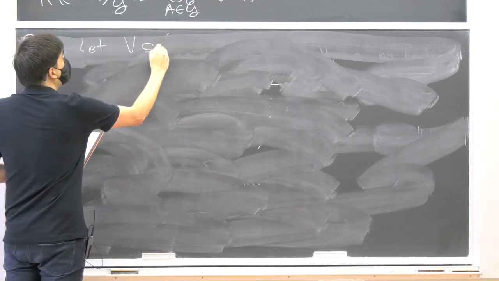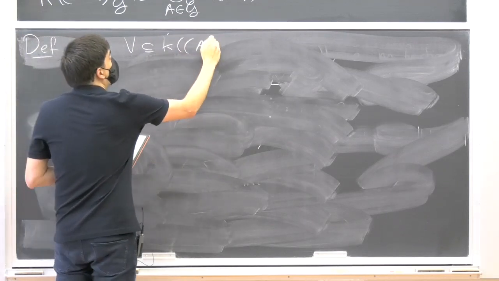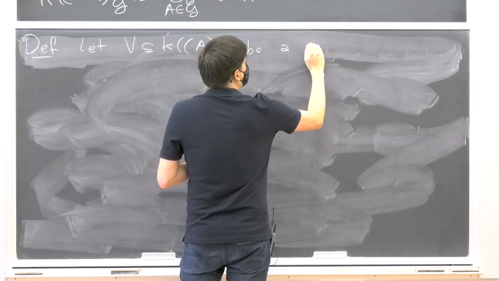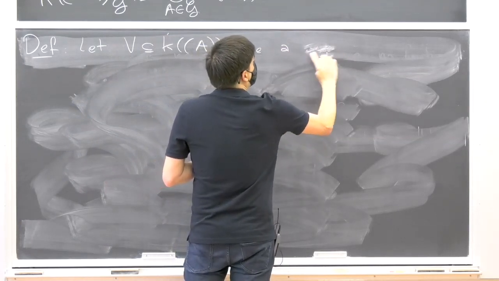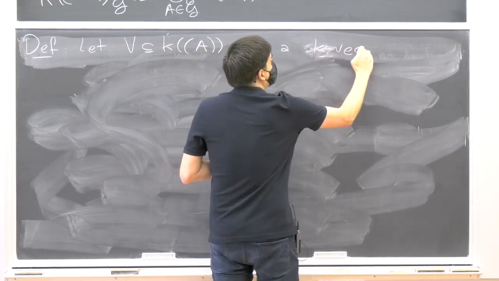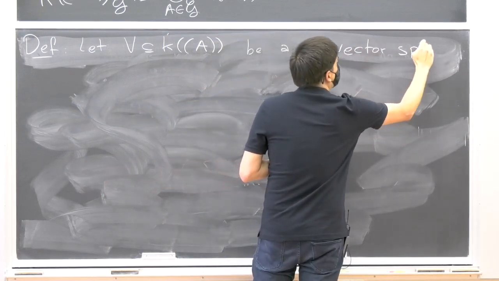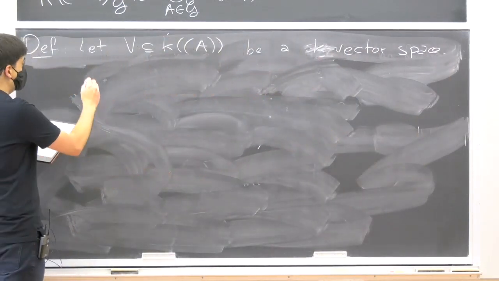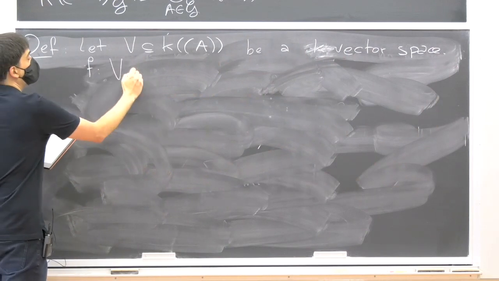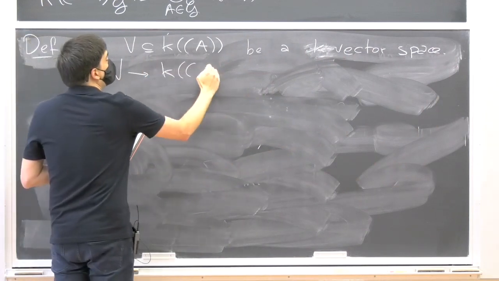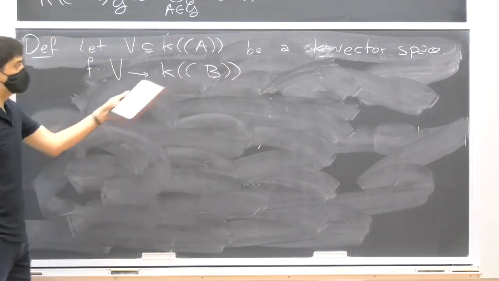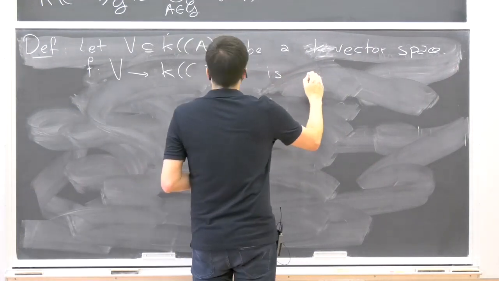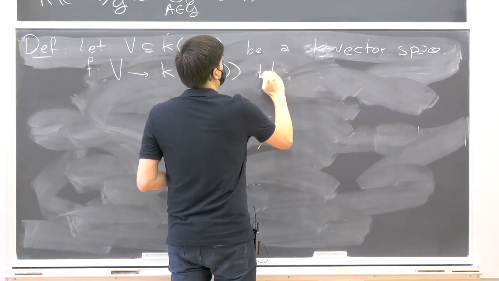Let V be a K-vector space inside K((G)), a Hahn vector space, and let F from V to some other Hahn vector space K((H)) be K-linear.